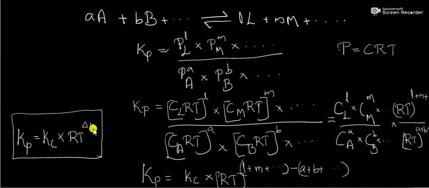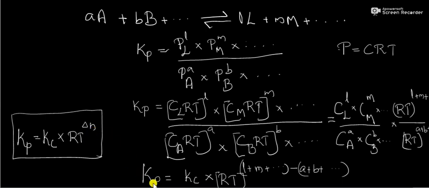delta n is the change in number of moles in the reaction. That is, delta n equals number of product molecules minus number of reactant molecules in the chemical equation.